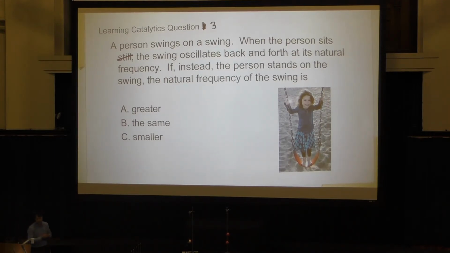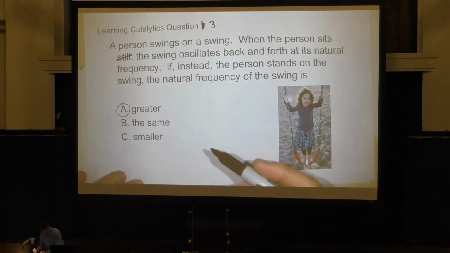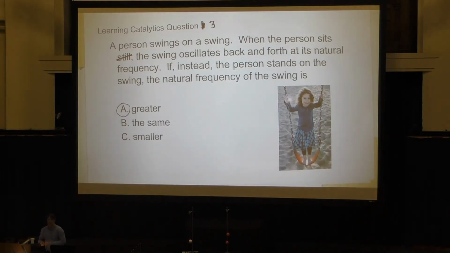I think it's actually a greater frequency, and my reasoning is that I think that distance L is the distance between the pivot point and the center of mass of the object. I don't think that the chain stretches when she stands up. It's a metal chain after all, and she's a little kid.